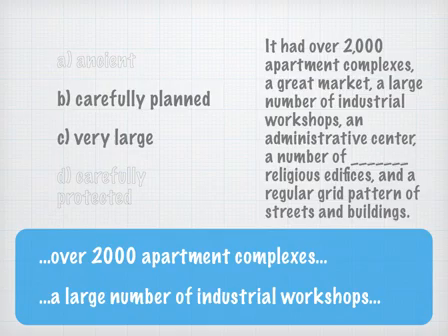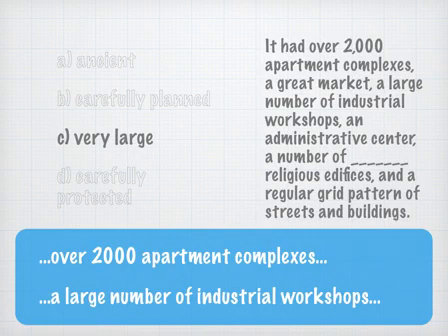But if we look back to restated ideas and a way of reinforcing this idea that something is big, something is large, there's a lot of people involved, then we can actually get rid of option B, which is carefully planned. Again, there's no evidence in the actual paragraph here that anything was carefully planned. It does mention a regular grid pattern of streets and buildings, but it doesn't mention how they were designed.